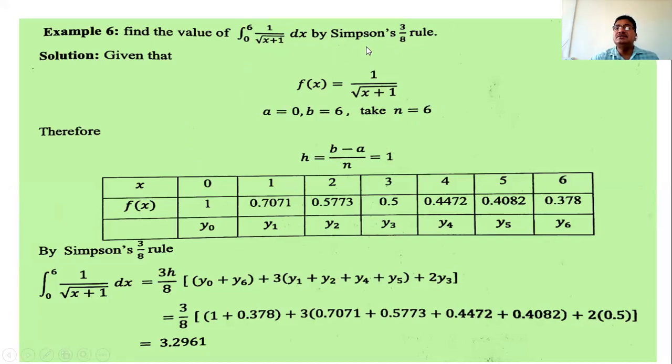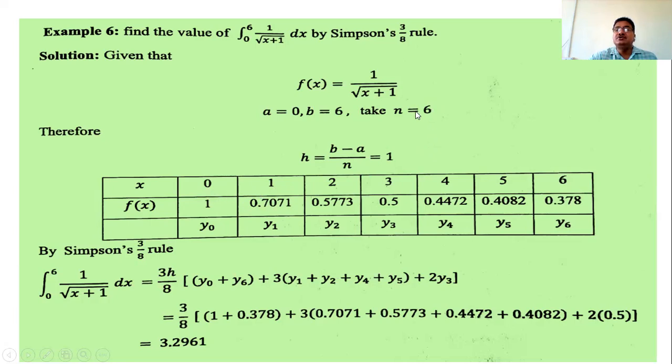Use Simpson's 3/8 rule, and that's why take n as a multiple of 3, because Simpson's 3/8 rule is applicable if the number of subintervals is a multiple of 3. That is, take n equal to 3 or 6 or 9. Don't take this n very small or very large, because if you take n as 9, or 12 or 18, then the number of subintervals increases.